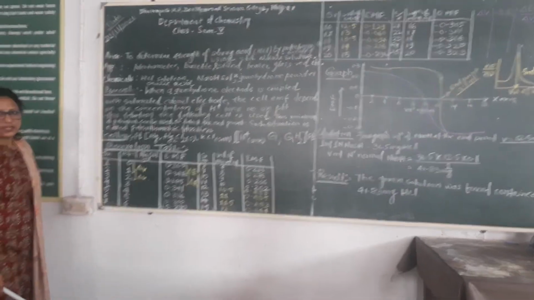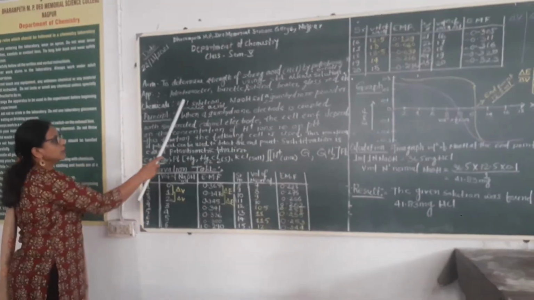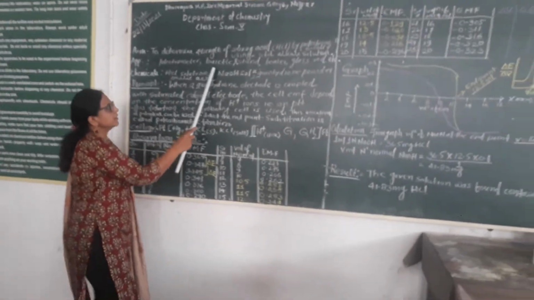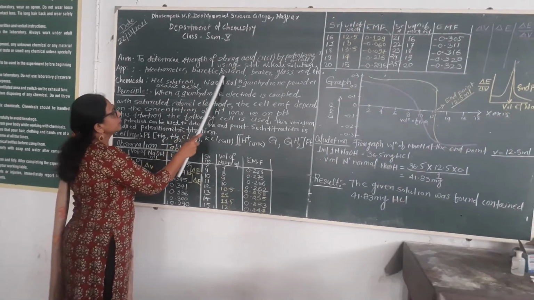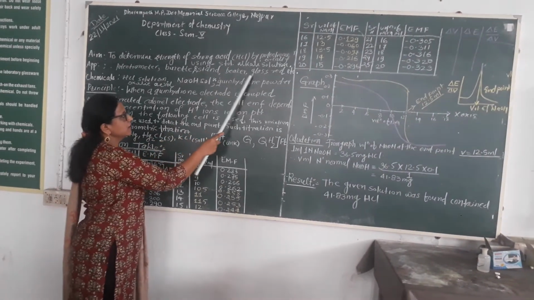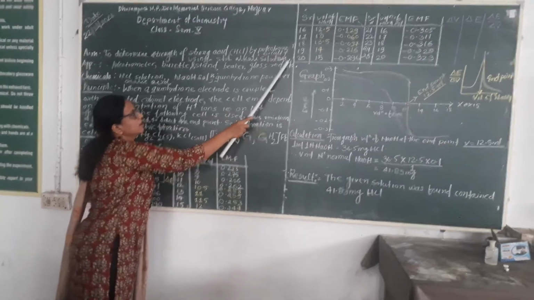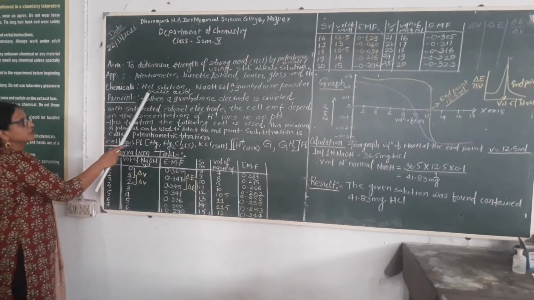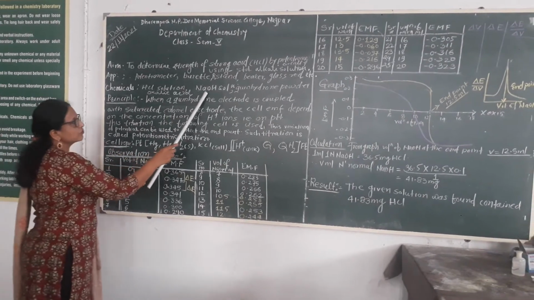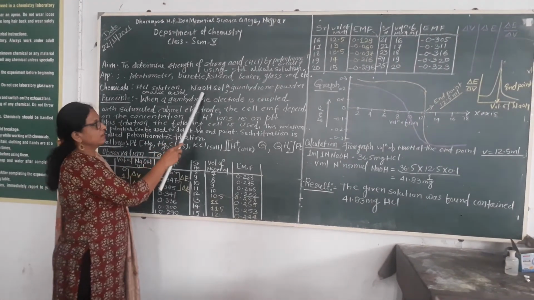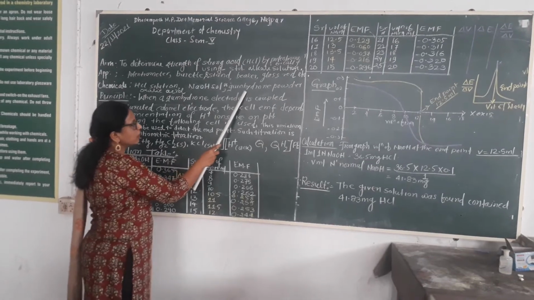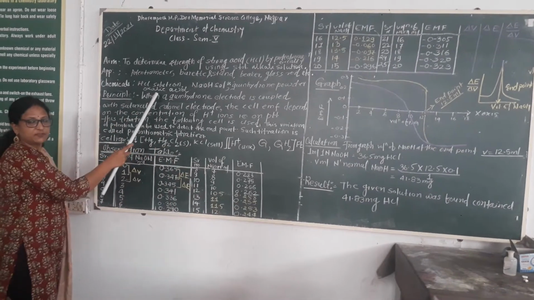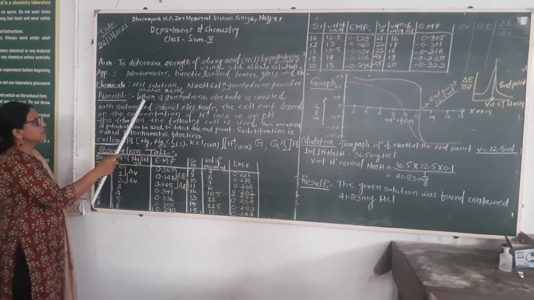The apparatus required for this experiment are a potentiometer, burette stand, beaker, glass rods and acid. The chemicals required are HCl solution, NaOH solution, which we have to standardize first, then quinhydrone powder, and oxalic acid for the standardization of NaOH solution.